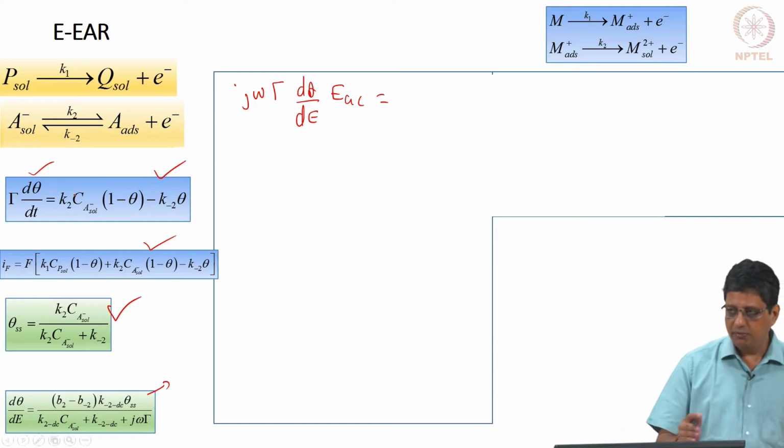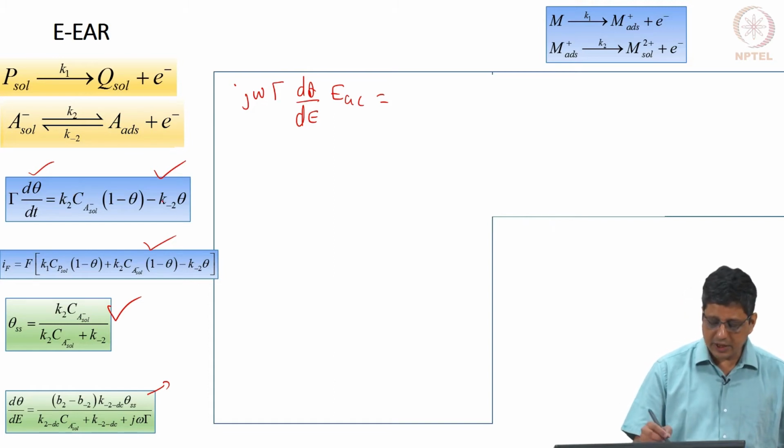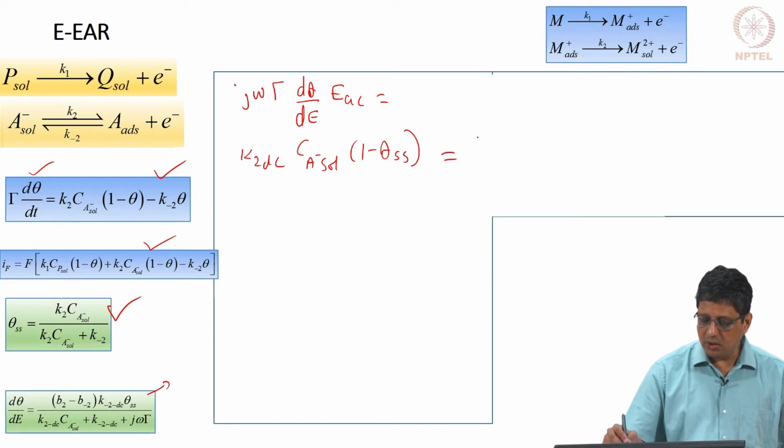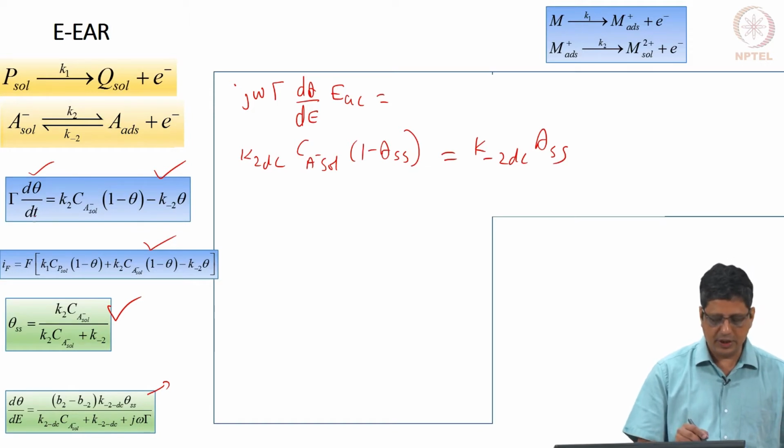On the right side we can expand, remove the terms which are E I C square and higher order, and then we can show that under DC conditions we are going to have K 2 DC C a minus solution times 1 minus theta SS equal to K minus 2 DC theta SS, because we would have set this to 0 under DC condition. So, that is how we have in fact derived theta SS.